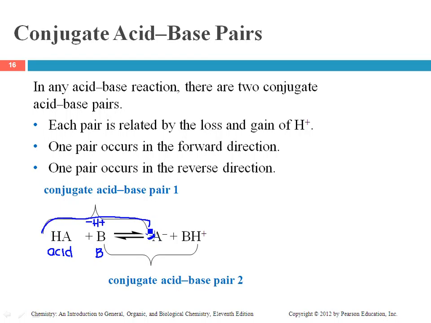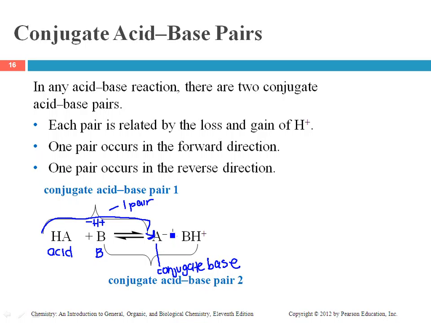Basically, the conjugate base, let's go ahead and say that first. This is going to be our conjugate base. And this is one pair, one of our conjugate acid-base pairs. Basically the pairs look just like each other, except they're going to either have gained a proton or lost one. Since your acid loses a hydrogen, its conjugate base is going to be lacking one hydrogen.